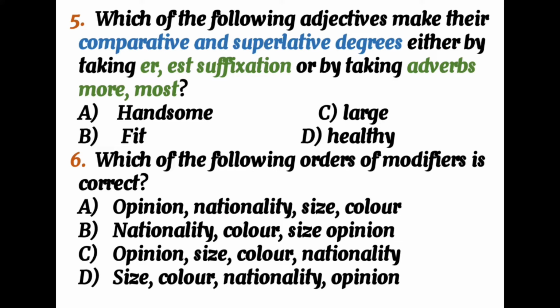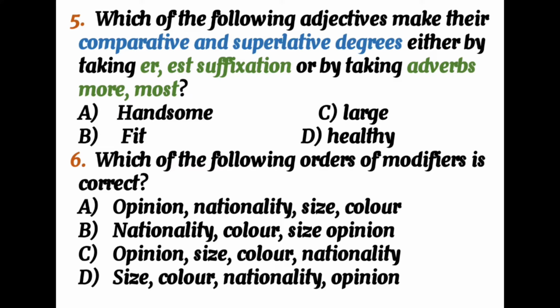You have to choose the adjectives here that are quite flexible as far as their comparative and superlative degree making is concerned. So handsome is the word. Do you say handsomer, handsomest, or more handsome, most handsome? You have to consult the dictionary for this purpose, and if you are quite a prolific reader, then you must have some subconscious knowledge about how the degrees comparative and superlative are made.